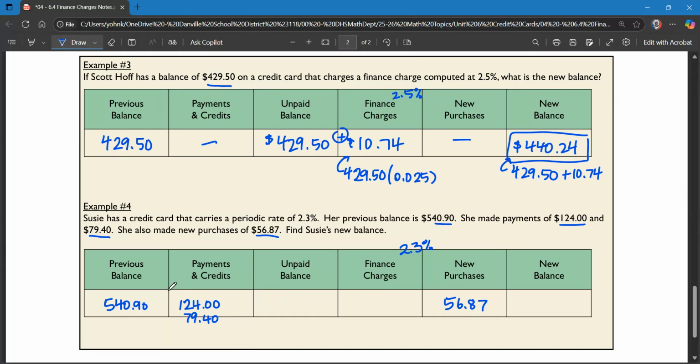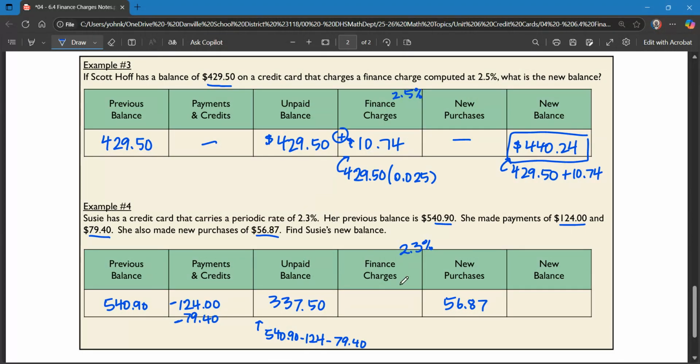Okay, so first thing I'm going to do is take the previous balance and subtract both of the payments and credits. So I'm going to do 540.90 minus the 124 and minus the 79.40. That's going to give me an unpaid balance of 337.50. That's how much she still owes.